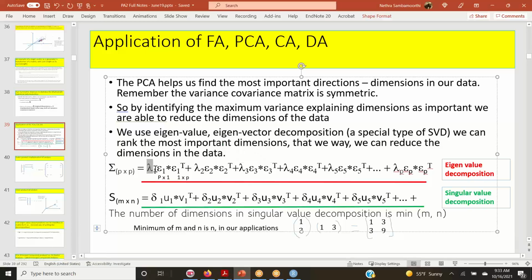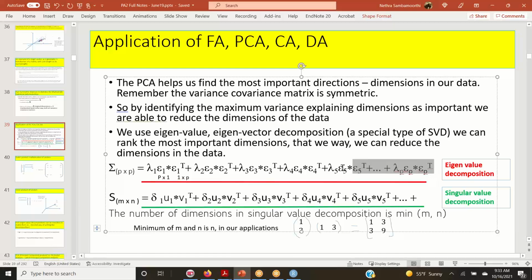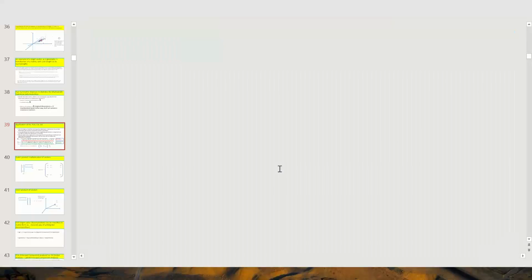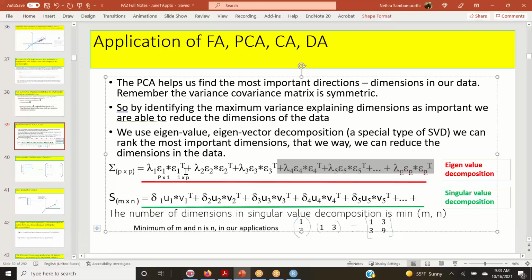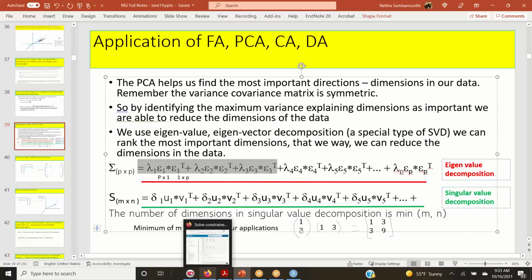The lowest scalar, which is at the end here. So if I want the top two dimensions that explain this variance covariance matrix, I will only use these two parts. If I want only the top three, then I will use only these. This is the meaning of the importance of the eigen directions.